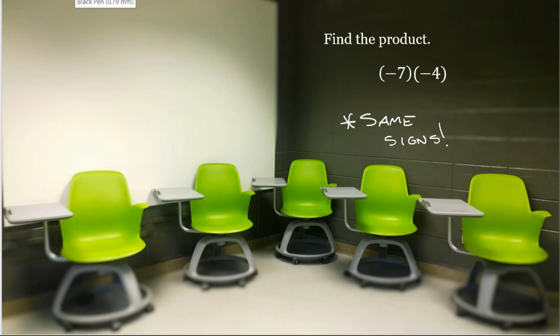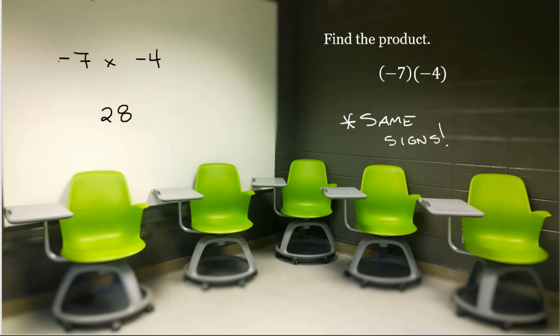So when we're multiplying negative 7 times negative 4, you're multiplying two negatives. You can sort of think of it as the same thing as 7 times 4, but this is going to get us a product of positive 28.